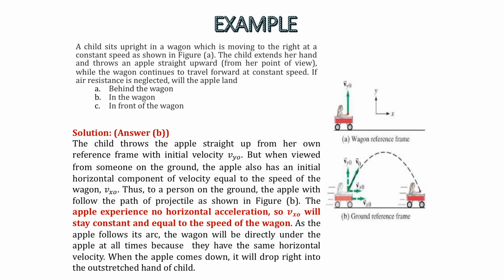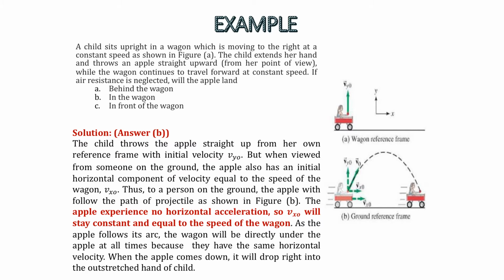Okay, so we go with the concept question first before I give you some example of a projectile question. What happens here is the child sits upright in a wagon which is moving to the right at a constant speed, as shown in figure A. The child extends her hand and throws an apple straight upward.